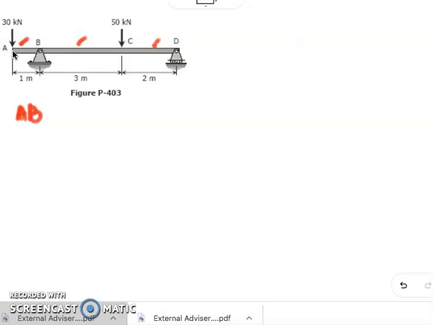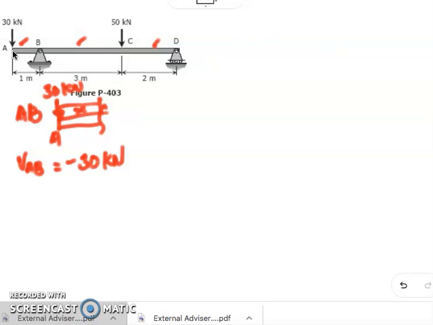If we consider segment AB, we have our cut section. Here is point A and our force of 30 kilonewton, at a certain distance x from it. So the shear force AB is equal to the vertical forces, which is only negative 30 kilonewton.